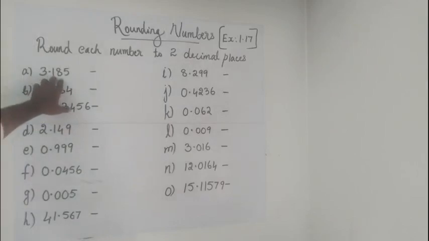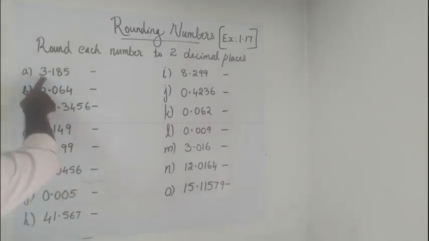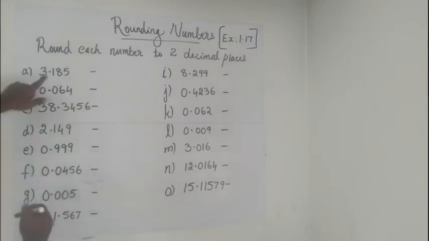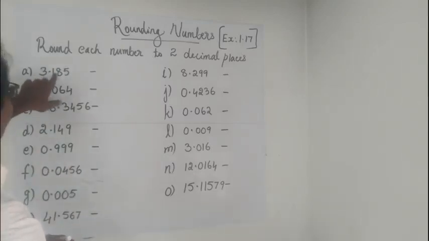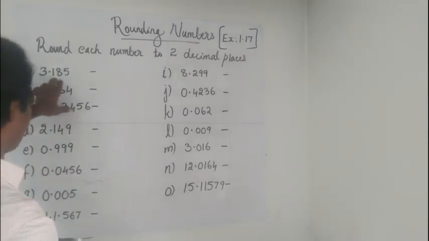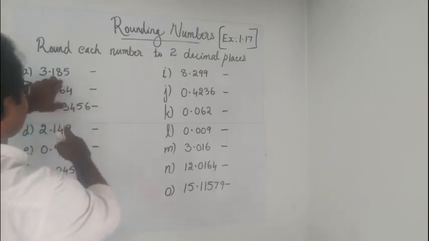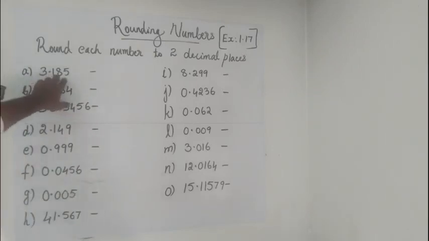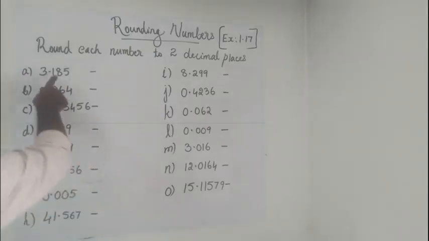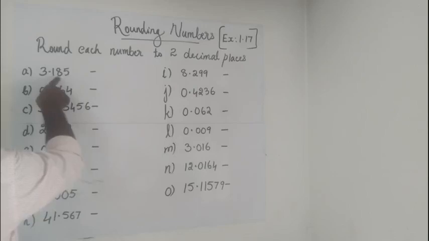Okay, so the first question is 3.185. After the decimal, we focus on the 2 digits. After the 2 digits, what number is given? That is 5, isn't it? If 5 or greater than 5 comes, we add 1 to the previous digit, the 8.